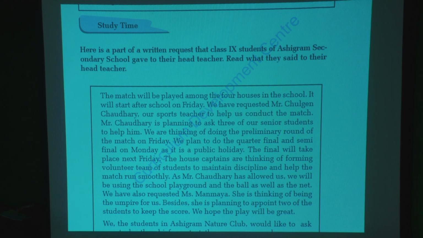Okay, this is a part of the letter. We will learn how to write a letter later on. Now just have a look and I will read, and then you also read together with me. You have to find out what structures the students have used for making plans and expressing intentions.